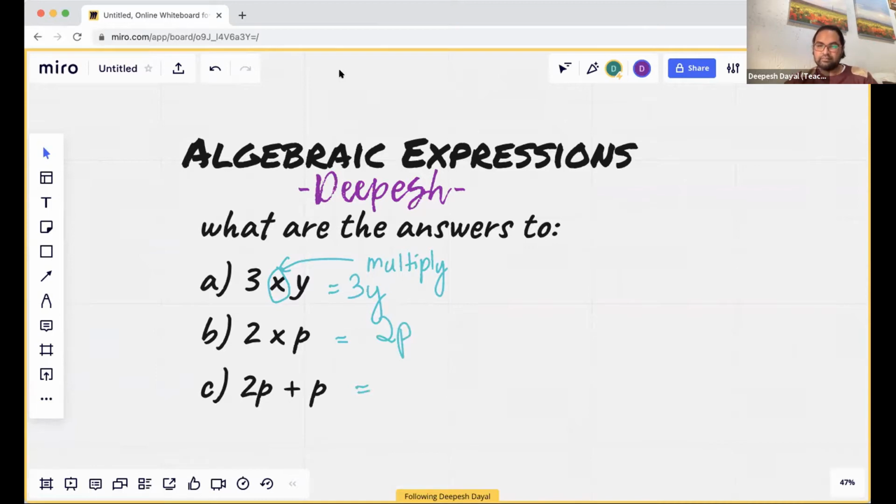2p squared. Okay, we've got your 2p squared. Who agrees with that, or is that not right? 2p plus p. Any other answers?